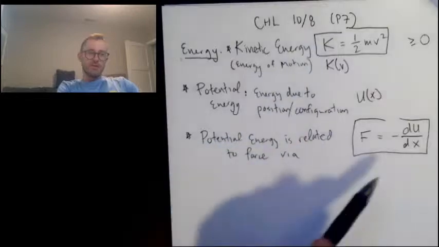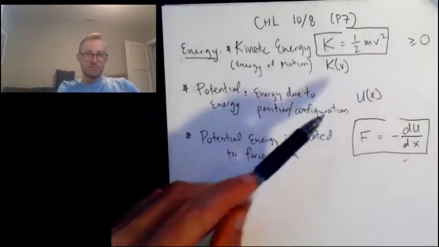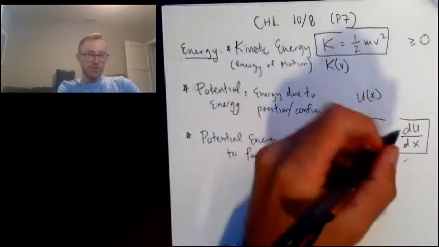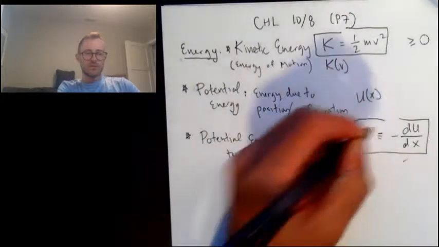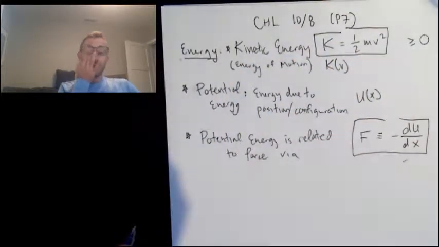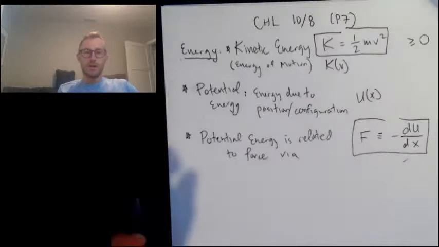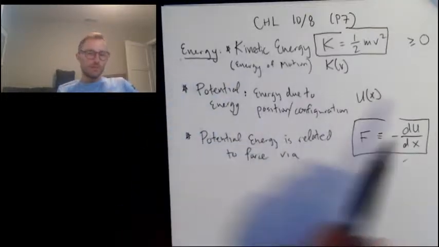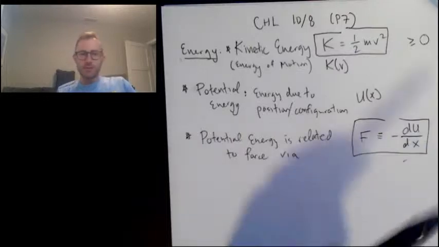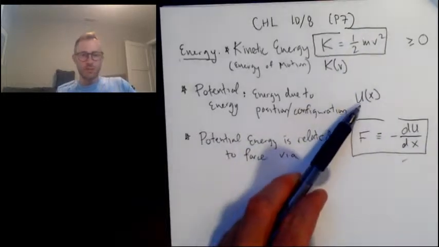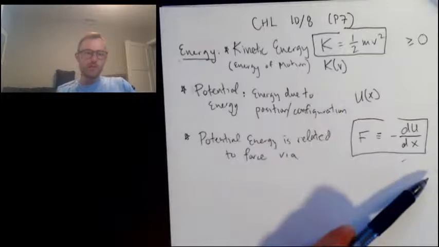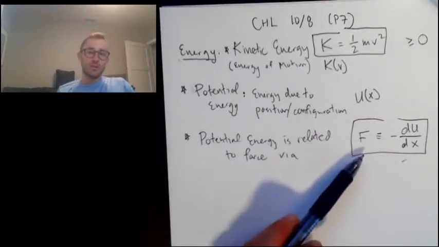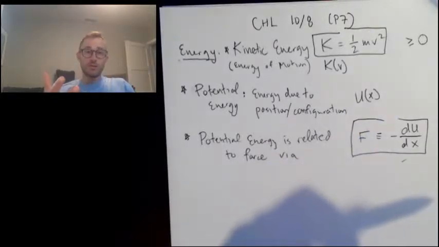One important thing is this is a definition. You guys ever use a three-prong equal sign? This is a definition. So the force is the derivative of the potential energy function. So if you happen to find a U of x such that when you take the derivative, it spits out the force, then you found a potential energy function.